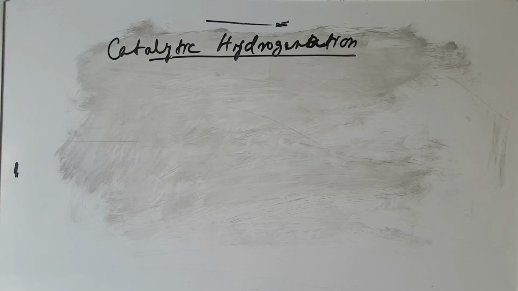Mostly heterogeneous catalysis takes place, simply by stirring or shaking the organic substrate solution with a catalyst in an atmosphere of hydrogen gas. The hydrogen gas may be bubbled through the reaction mixture. So let's consider heterogeneous catalysis.